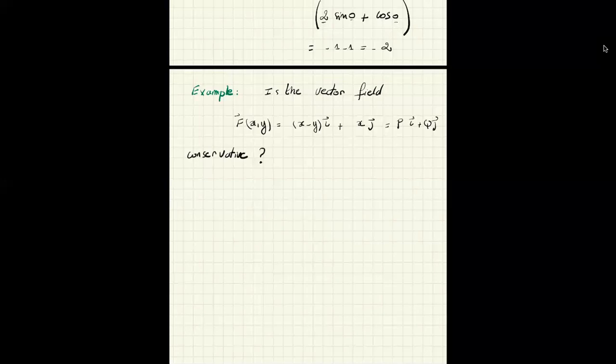Okay, the vector field defined on R2. So again, R2 is open and simply connected.